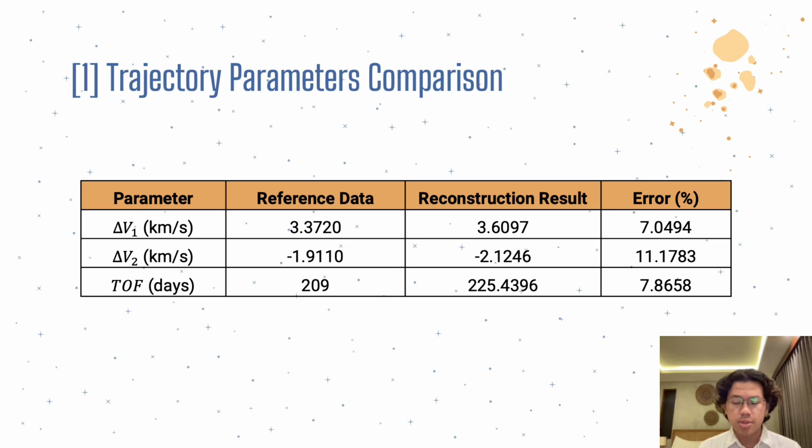The most affecting assumption might be the two-body approach and the two-dimensional approximation, because in a real case, the spacecraft experienced gravitational effects from multiple planetary objects, which can lead to, for example, a quote-unquote easier escape from Earth's gravitational effect. That is supported by the fact that the first velocity change in reference data is lower than the reconstruction result. And other than that, the two-dimensional approximation will certainly give a different velocity factor.